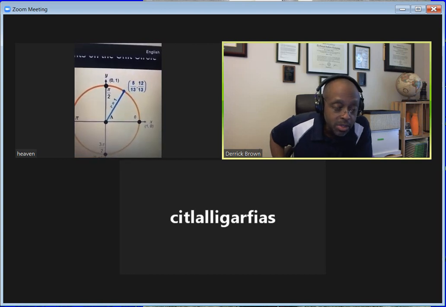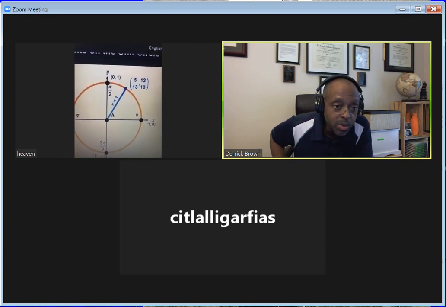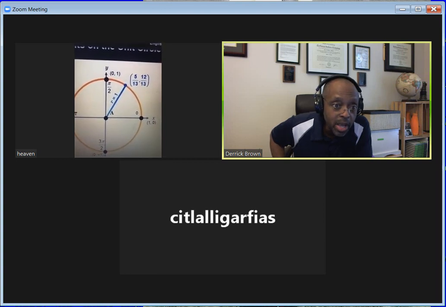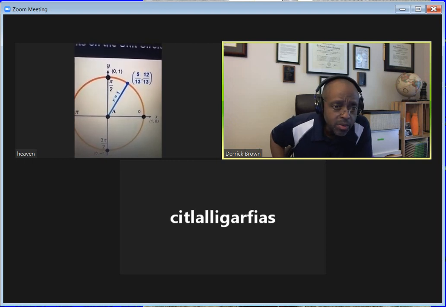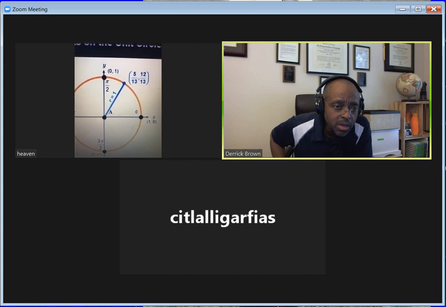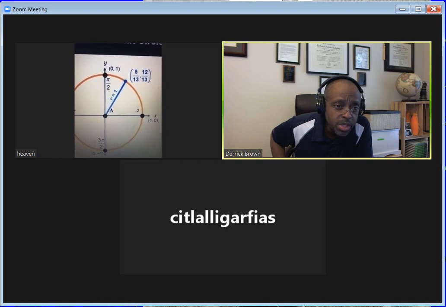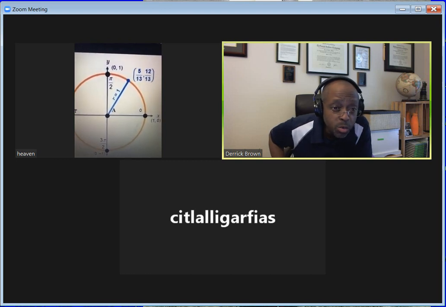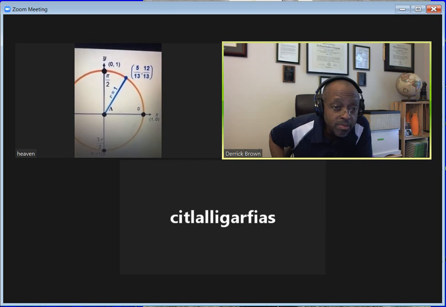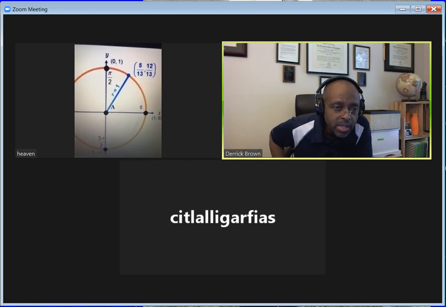The distance from the center to any point on the circle is called the radius, and all of the radii in the circle are equal to 1. Now, the next thing we know is the tangent of A. A is the angle formed between that blue radius and the x-axis.